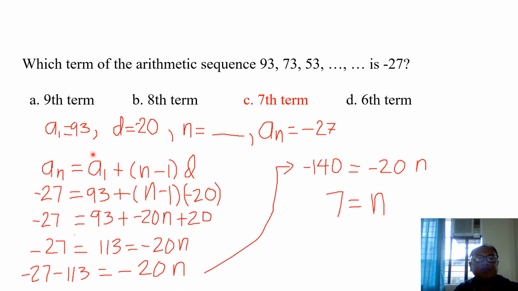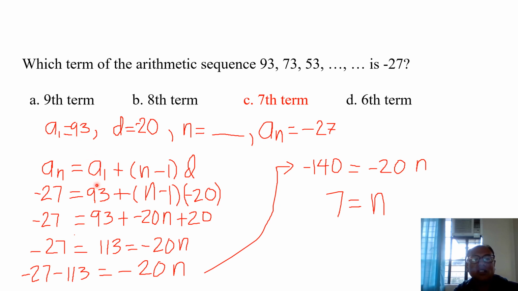And then after identifying what is given in the problem, we are going to substitute in the nth term of an arithmetic sequence, which is a_n is equal to the first term plus the quantity n minus 1 multiplied by the common difference. So our a_n is negative 27, it is implied in the problem, and the first term is 93.